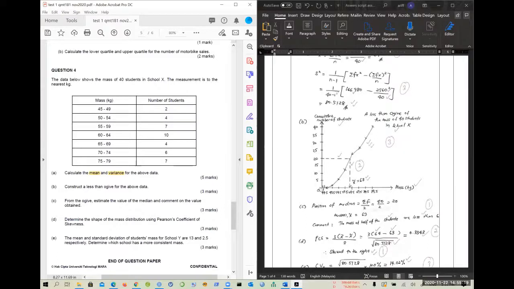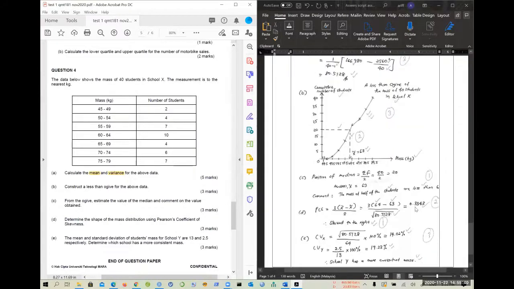And remember, the graph has to be drawn on a graph paper so that you can estimate the values correctly. So in this case, they give you the x tilde to be 63. So using the mean and the median, you can find the Pearson measure of skewness. This gives you a value greater than 0, that is positive. So that means skewed to the right or positively skewed.